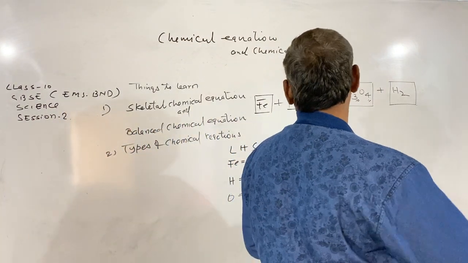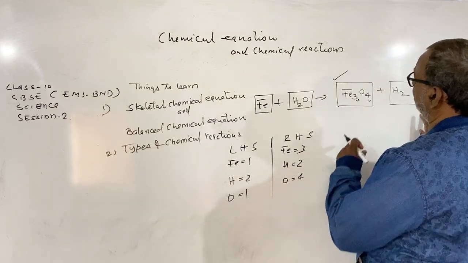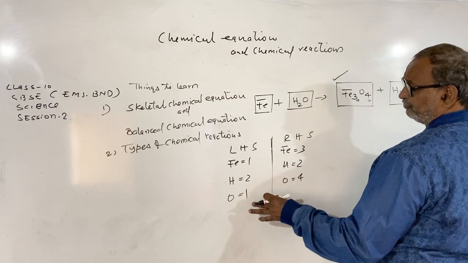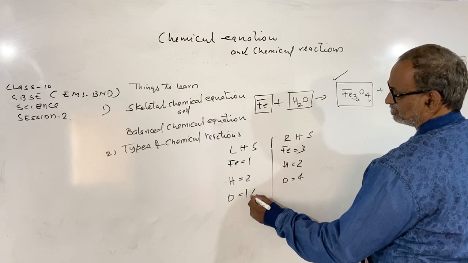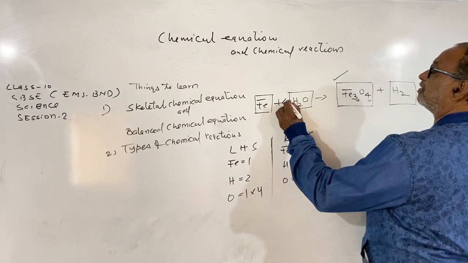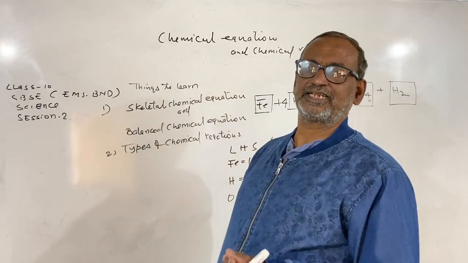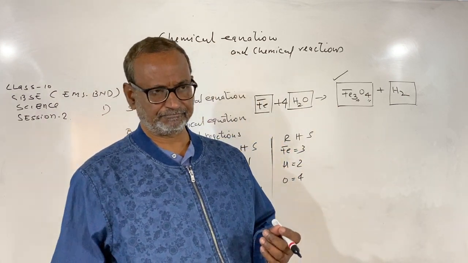Now on the right hand side we have 4 atoms of oxygen, and on the left hand side we have only 1 atom of oxygen. So a coefficient 4 will make the number of oxygen atoms on both sides equal.